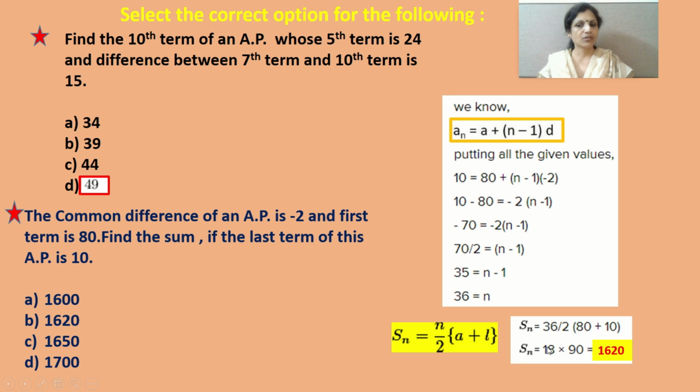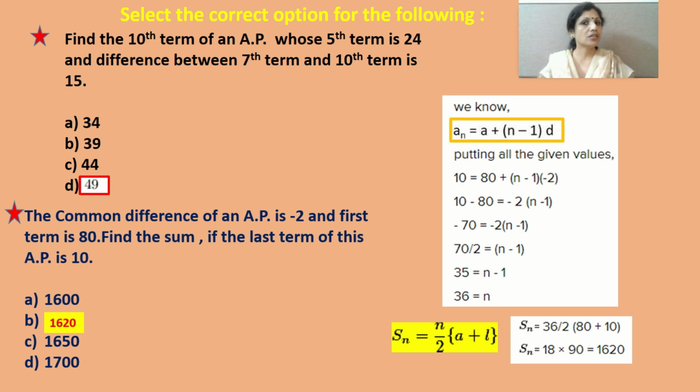If you solve it, you get the value as 1620. Is 1620 there in the options? Yes, it is there. So accordingly, you can mark the correct option. Alright, so you can make out that even if it is multiple choice, we have to actually solve.